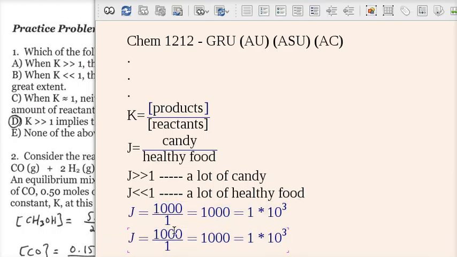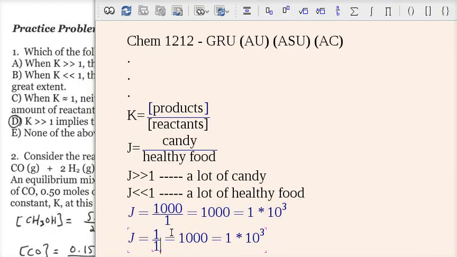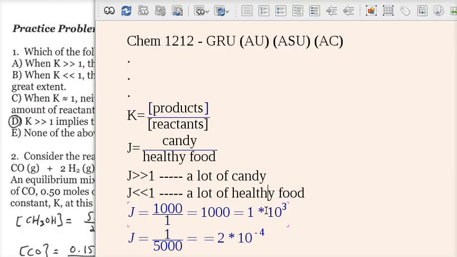There's 1 piece of candy and 1,000 or 5,000 pieces of broccoli, I guess. Then that would be 2 times 10 to the negative something. 10 to the negative 4.